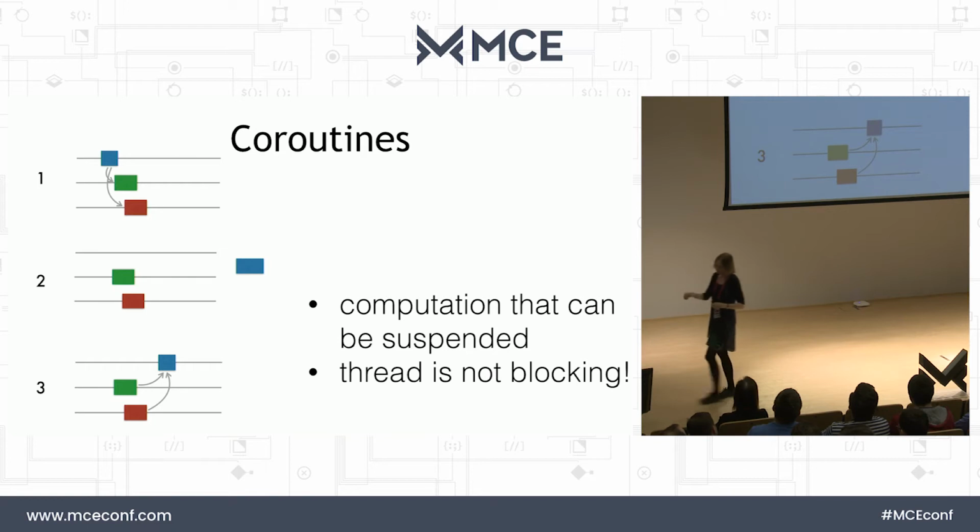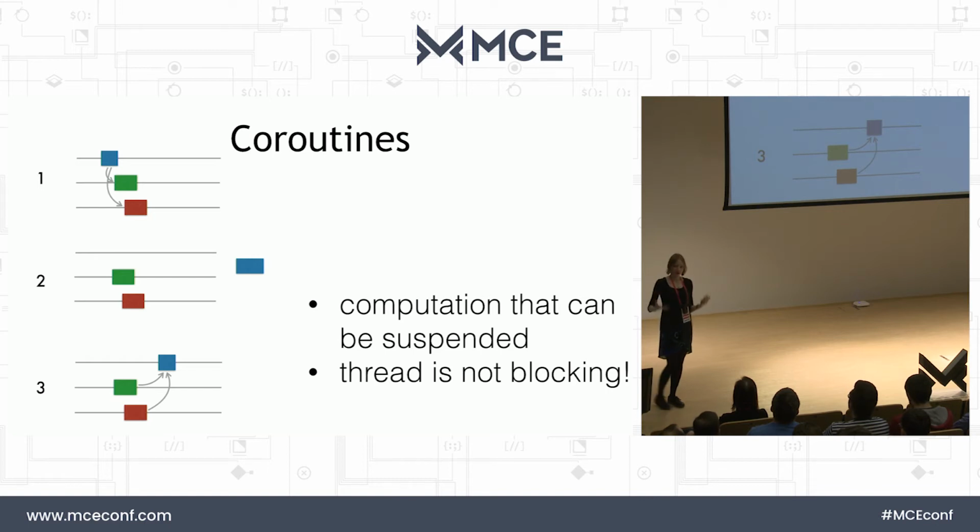So now you start these two green and red activities, not activities, but computations. And then, instead of blocking the thread, you can put the first computation aside and return to it when these two new computations are finished.